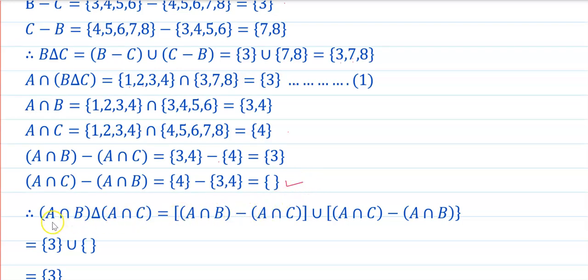And therefore A intersection B symmetric with A intersection C equals first A intersection B minus A intersection C union A intersection C minus A intersection B.